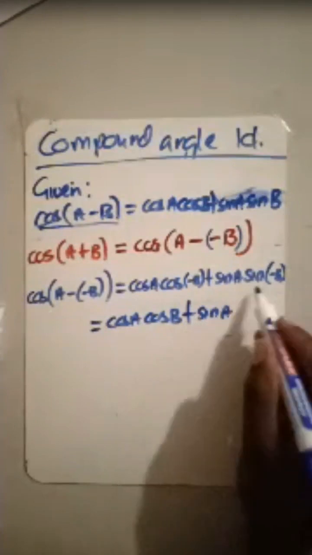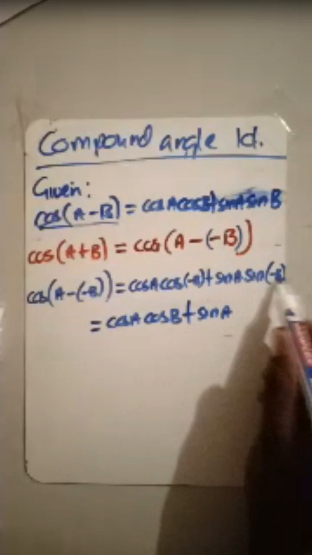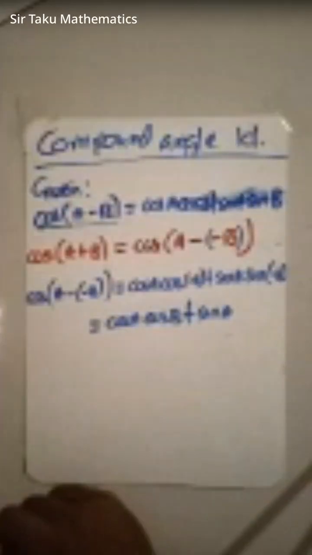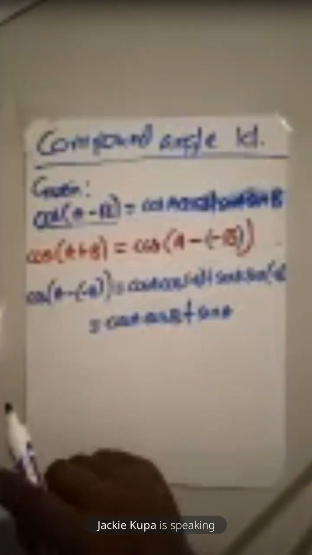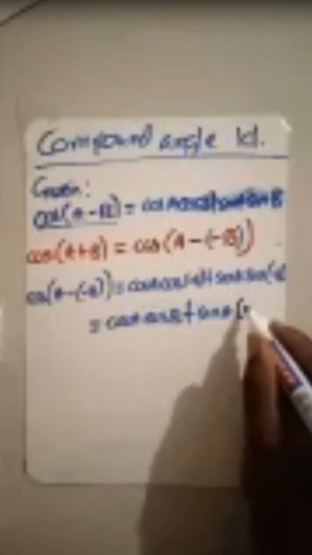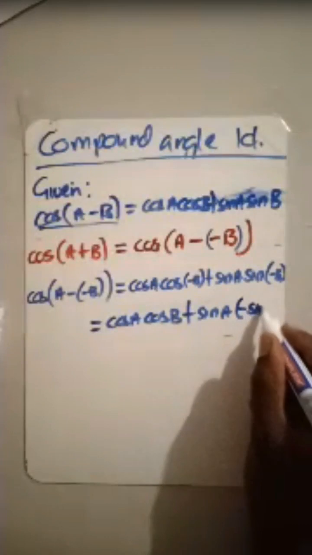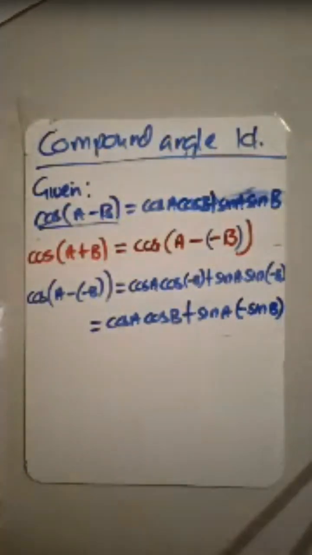How about this one? Which quadrant is it? Negative B? It's in the fourth quadrant, right? So sine in the fourth quadrant, is it positive or negative? Negative. So remember the negative comes outside here. So it's negative sine B, like that. Why did I put brackets?